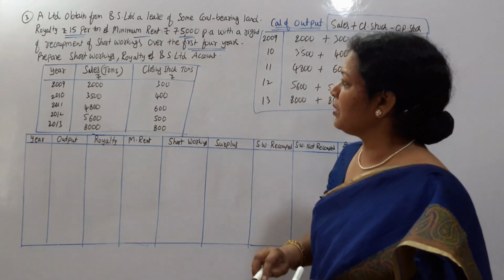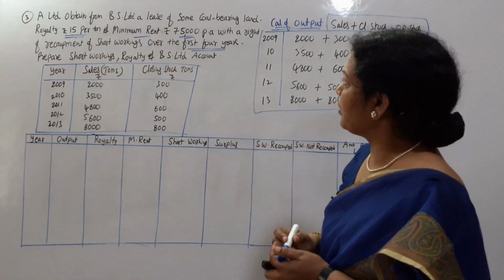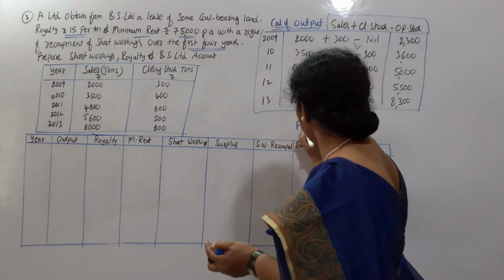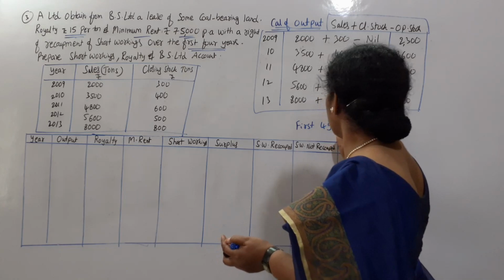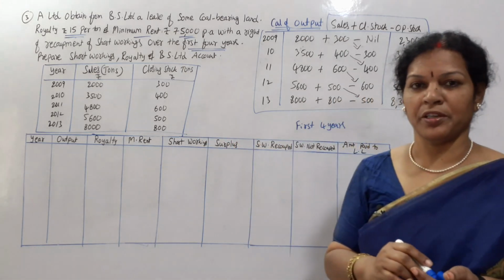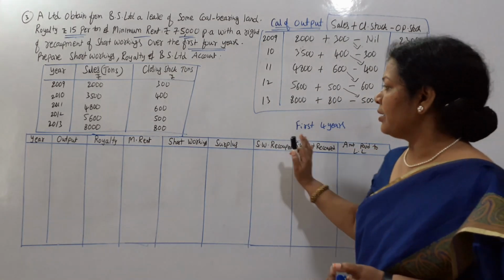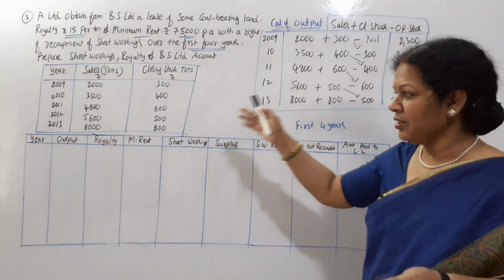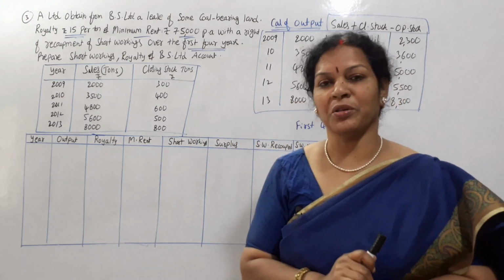So royalty is 15 rupees per ton, minimum rent is 75,000, and short workings are recouped in the first 4 years. I'll write here: first 4 years. Keep the heading memorandum of royalty account, royalty table, or royalty analysis, you can say. Now if you understand this, pause the video and try to work out this table by yourself.